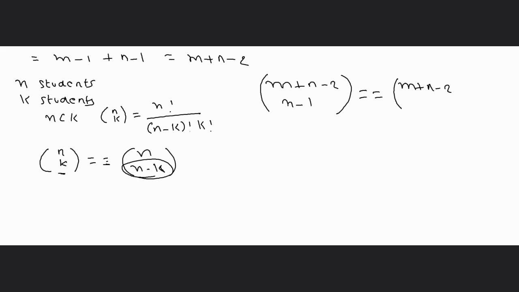So this would be n minus k, so m plus n minus 2 minus n minus 1, which is equal to m plus n minus 2 minus n plus 1, and the n will cancel out, so it will be m minus 1.